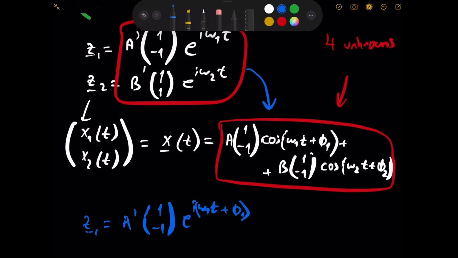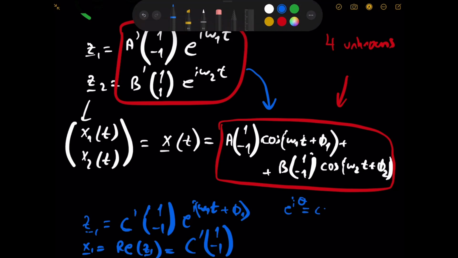Now it's the real a, let's say, with c. So this is real now. And I know that x1 is going to be the real part of z1. And so the real part of this, well, the first part, that's real. So c prime. And then the real part of this.